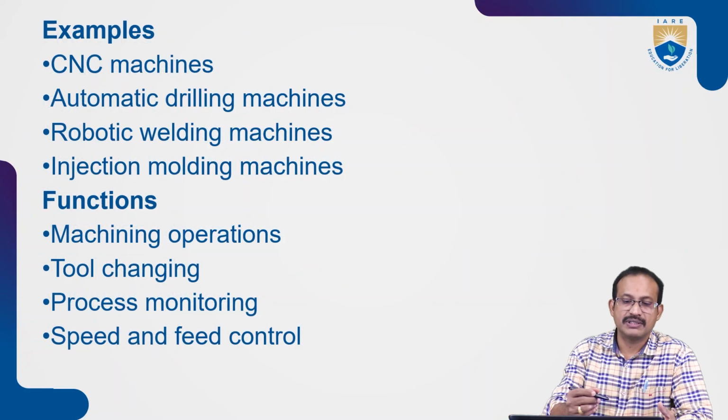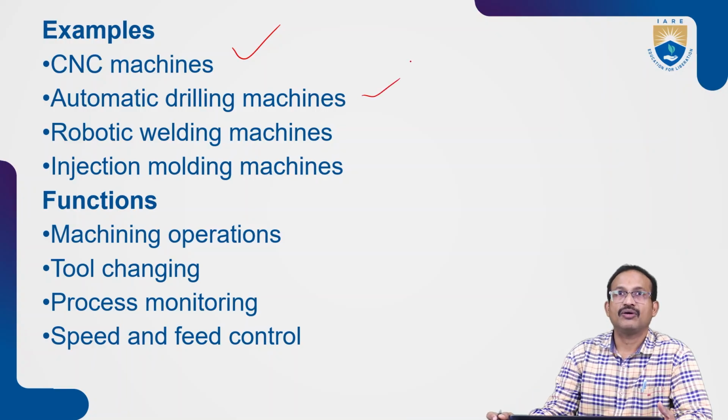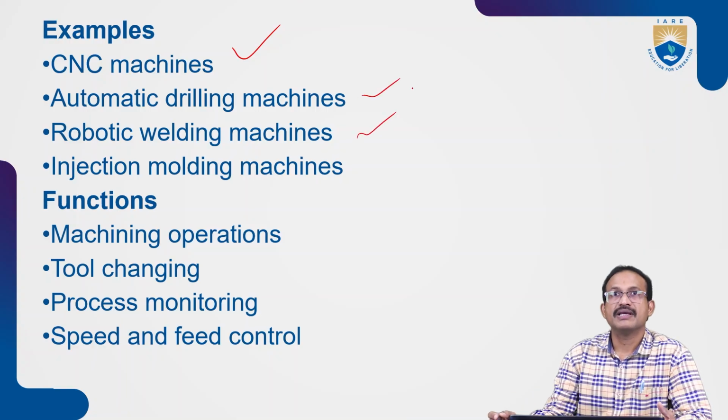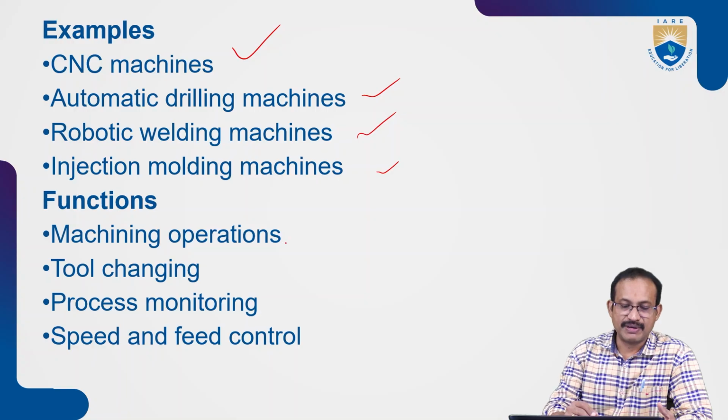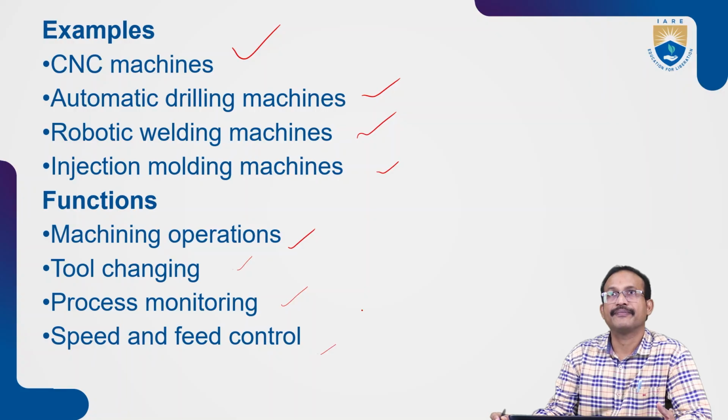Examples: CNC machines, automatic drilling machines, robotic welding machines, injection molding machines. Functions: machining operations, tool changing, process monitoring, speed and feed control.